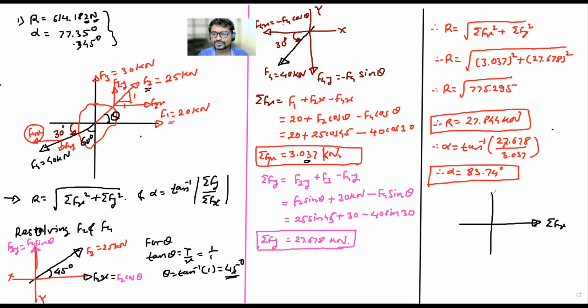Summation Fy is positive, so it will be vertically upward along the positive y-axis. The resultant R will be in the first quadrant, and its angle will be alpha with respect to the horizontal. Understood everyone? Yes, sir.